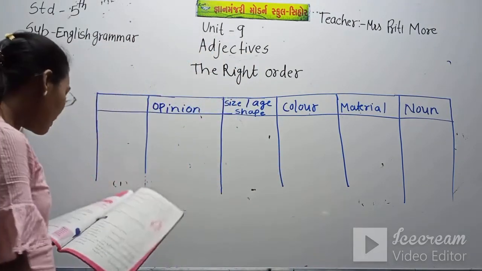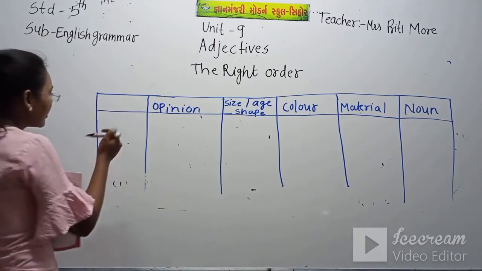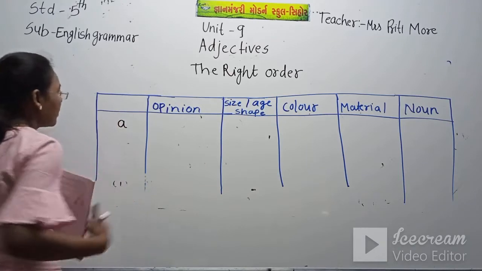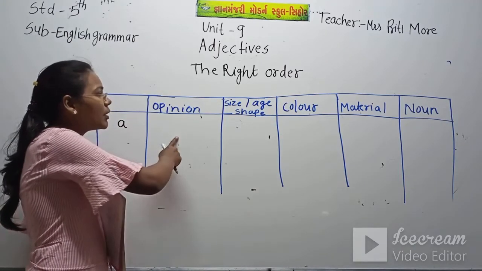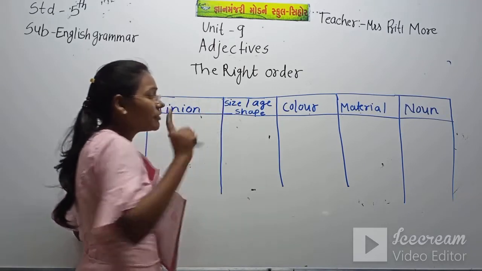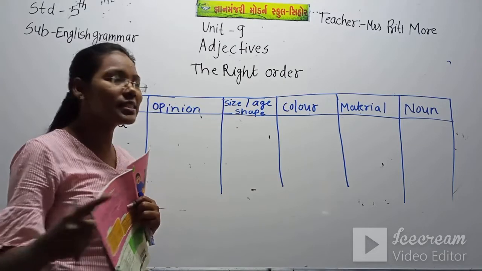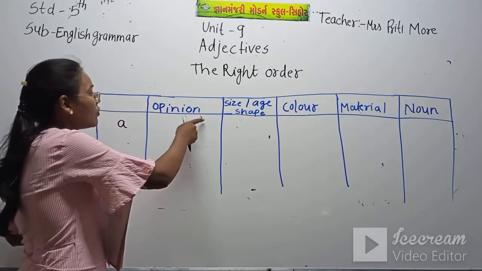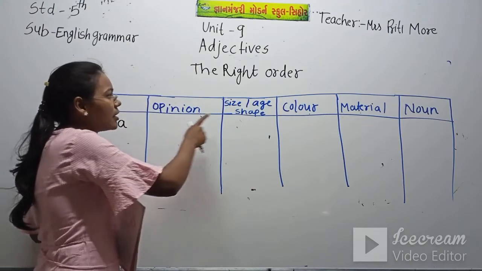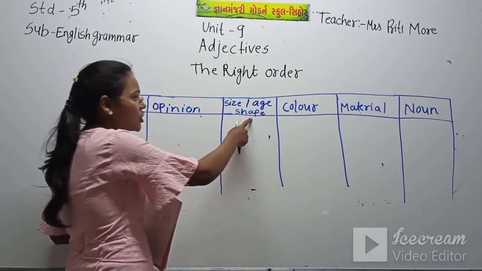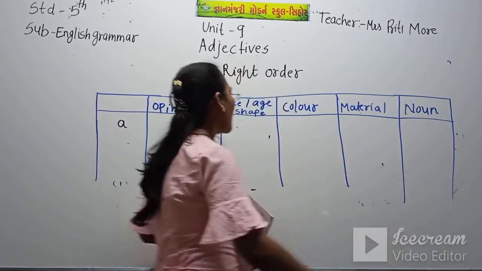First we have to write A, then the second is opinion. If there is more than one adjective in the sentence, we have to follow this order: first write opinion, then size, age or shape, then color, material and noun.